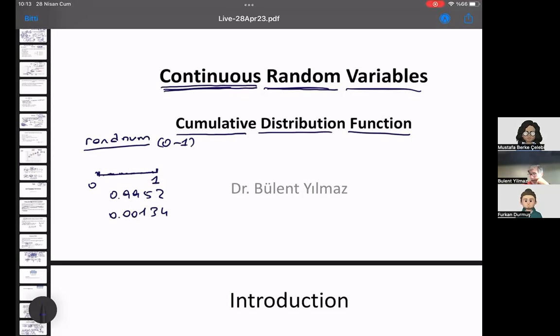For example, if I want to measure your height, it will be like between, let's say, 155 up to 195 centimeters. It's again a continuous random variable.